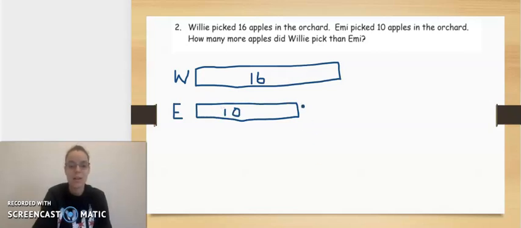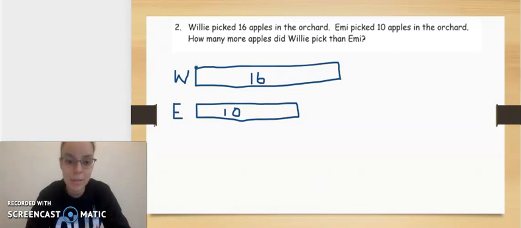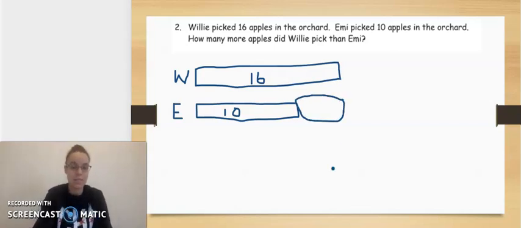Perfect. So now, do you see something missing? Because I know they have to be the same size. In a tape diagram, it always has to end at the same spot. I noticed that there's a part right here that is missing. So let me go ahead and put my question mark there. That's going to tell us how many more Willie has.